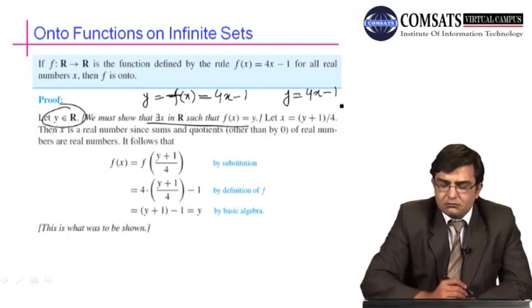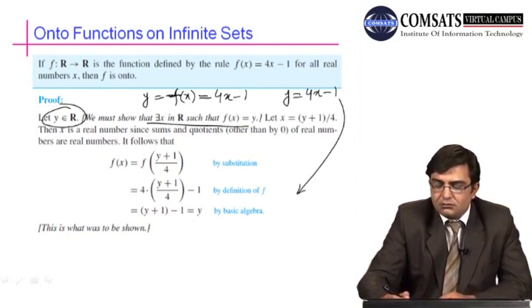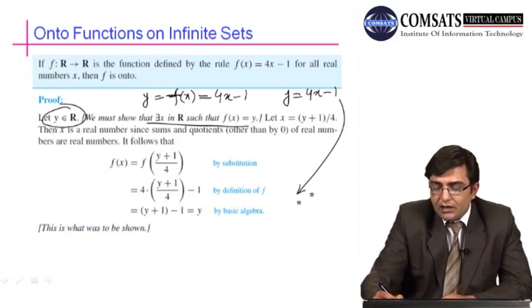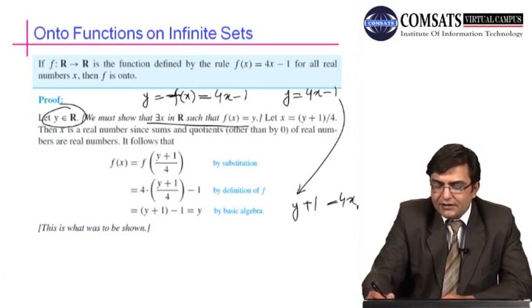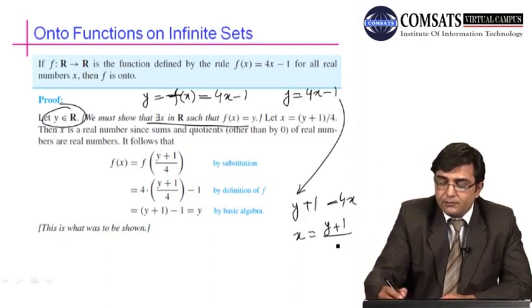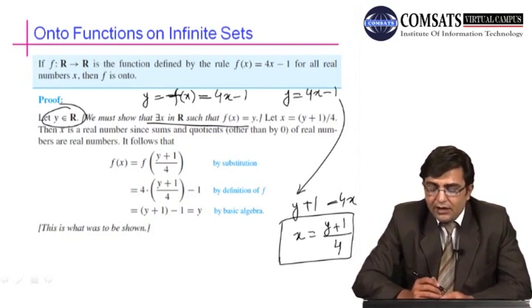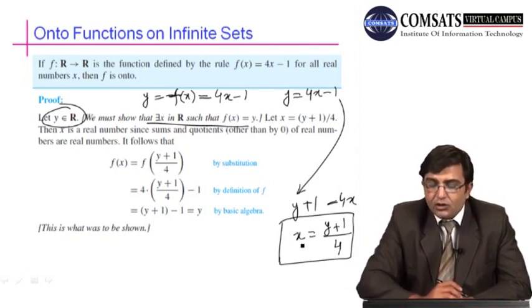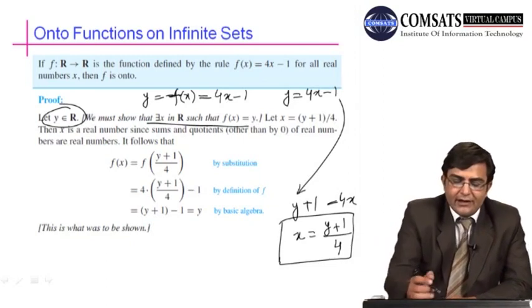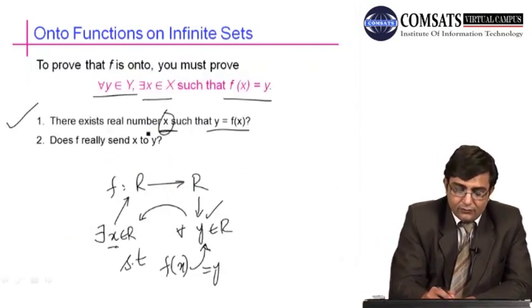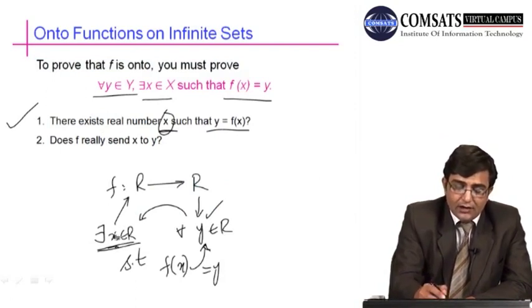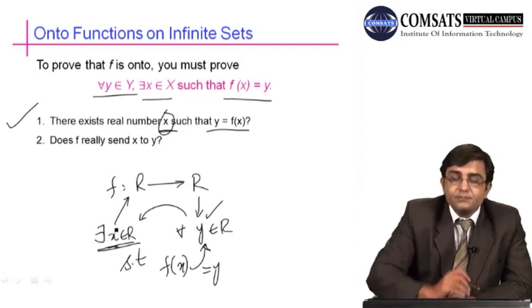From here, after doing some little algebra, we can take y plus 1 is equal to 4x, and x is basically y plus 1 divided by 4. So this is x. Now whether this x is real or not, because we have to show there exists some x belonging to R, meaning x must be a real number.